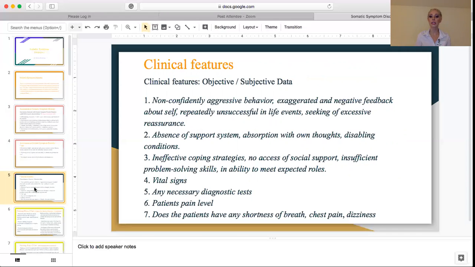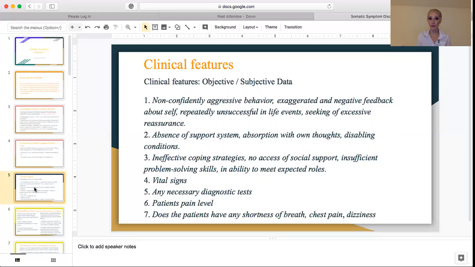So: non-confident aggressive behavior, negative feedback about self, repeated unsuccessful life events, seeking of excessive reassurance, absence of support system, absorption in one's own thoughts, disabling conditions, ineffective coping strategies with no access to social support, insufficient problem-solving skills. These are all the indications.